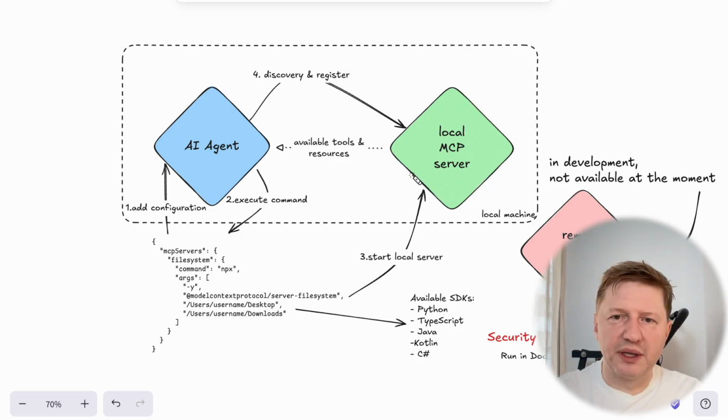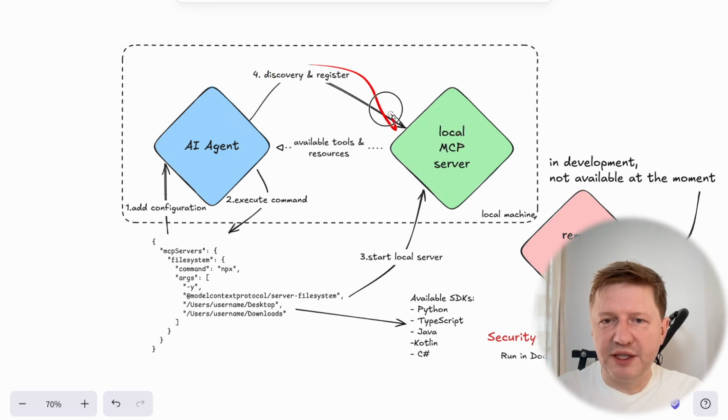So there are definite endpoints that this server provides, and it's possible to discover them. This is the expectation from the AI agent, right? Once the server is up and running, there is a call for discovery and registering the tools and resources. Yes, it's not only tools, it's about resources as well. And well, probably somewhere in the future, maybe even RAG concepts or other methods of enriching your LLM will be replaced fully by the MCP protocol, right?